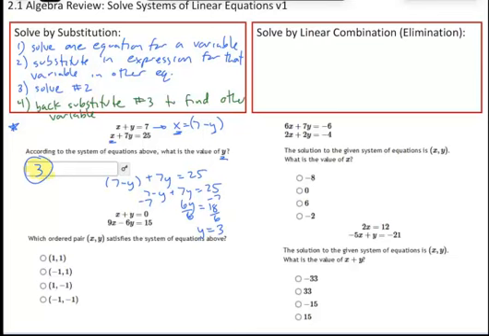In this problem, we can come to the equation we set up to solve for x, that x is equal to 7 minus y, and instead of y, replace it with 3, which gives us x is 4. So if they were asking for the whole solution point, it would be an x of 4 and a y of 3. However, this problem was just asking you to find the y.